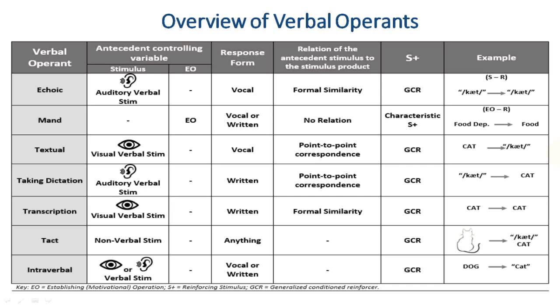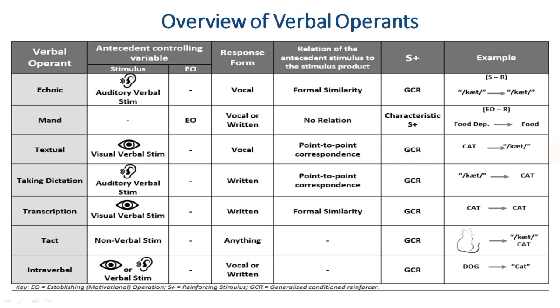The leftmost column of this table lists the different types of verbal operants. The next column shows the type of antecedent conditions that control the behavior. The next column shows the form the response can take according to each verbal operant. The fourth column describes the relation of the antecedent stimulus to the stimulus product.